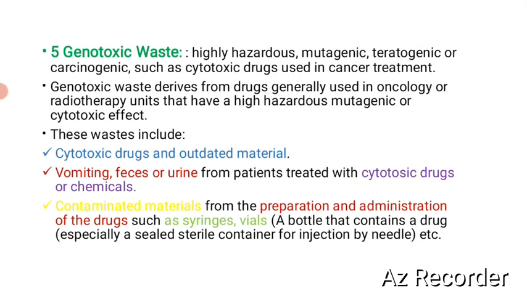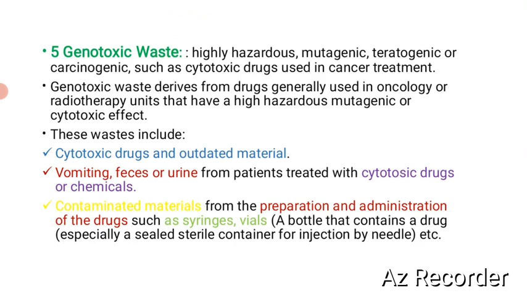The fifth one is genotoxic waste. It is highly hazardous, mutagenic, teratogenic, or carcinogenic, such as cytotoxic drugs used in cancer treatments. Genotoxic waste is derived from drugs generally used in oncology or radiotherapy units that have highly hazardous, mutagenic, or cytotoxic effects.